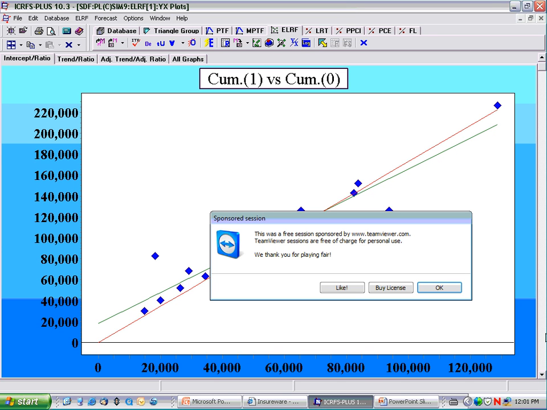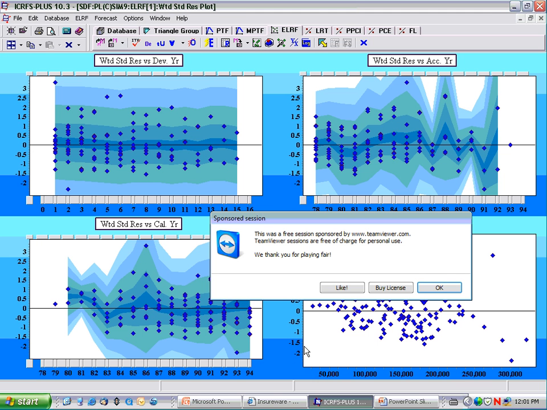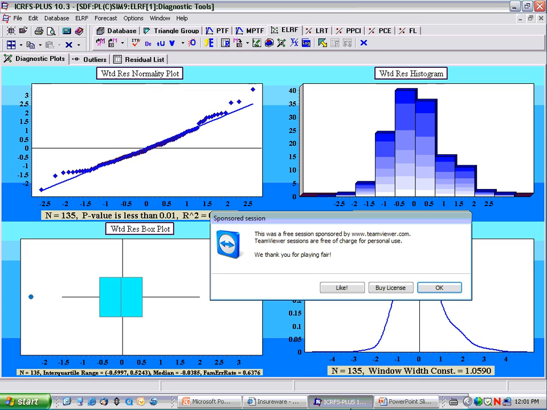But the residuals versus calendar year would look relatively flat, but you don't know what the trend is. They're a little bit skewed also. You can see there's a bit of skewness here. You don't have normal distributions. We had normal distributions on a log scale, but we don't have them on a dollar scale. So the Mack method does capture some of the trends in the data, but you have no description of it.